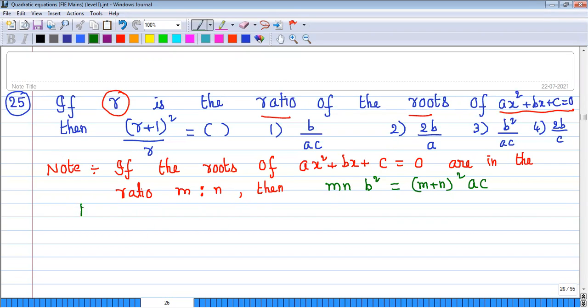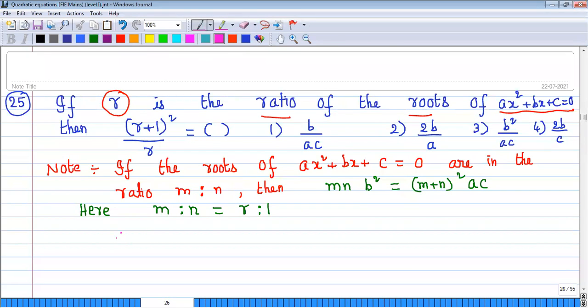Here what is given? Here m is to n ratio is equal to r is to 1. Because r is a real number, whatever it may be, that can be put in r by 1 form, that is r is to 1. That means m stands for r, n stands for 1. Substitute here.